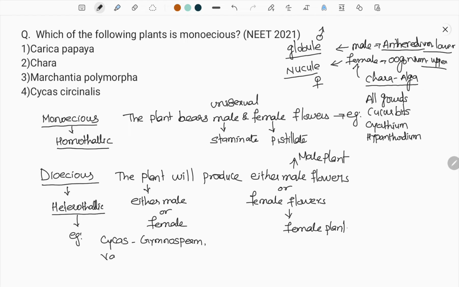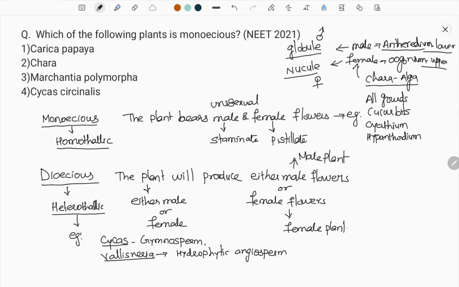Another is Vallisneria, a submerged, fixed hydrophyte, an angiosperm. In this also the male and female plants are different and they show epihydrophily, that is, pollination takes place on the surface of the water body.